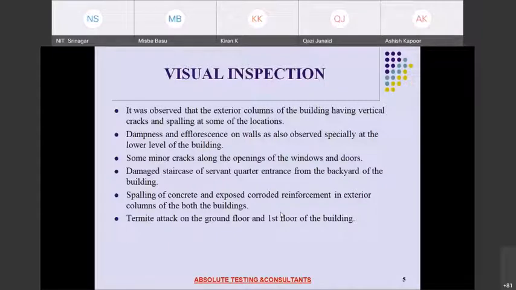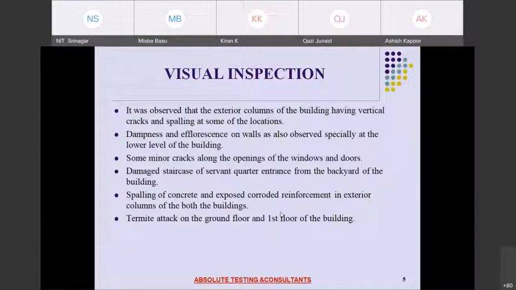Then dampness and efflorescence on walls was also observed, especially at the lower level of the building. Some minor cracks along with the opening of window and doors. Damaged staircase of servant quarter entrance from the backyard of the building. Spalling of concrete and exposed corroded reinforcement in exterior columns of both the buildings.